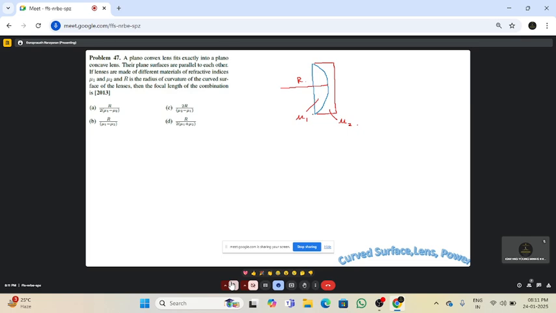Very simple, nothing very difficult, direct formula substitution. So for the focal length of the combination, 1 by f is equal to 1 by f1 plus 1 by f2. For 1 by f1, this is the plano-convex one in blue.